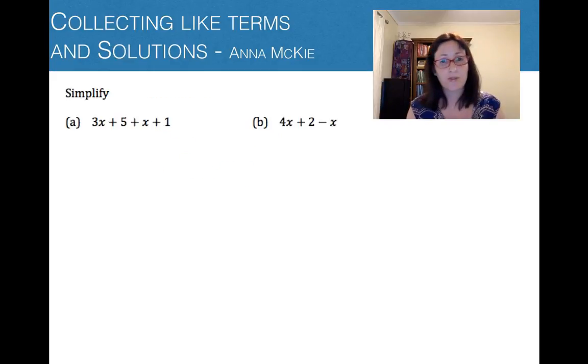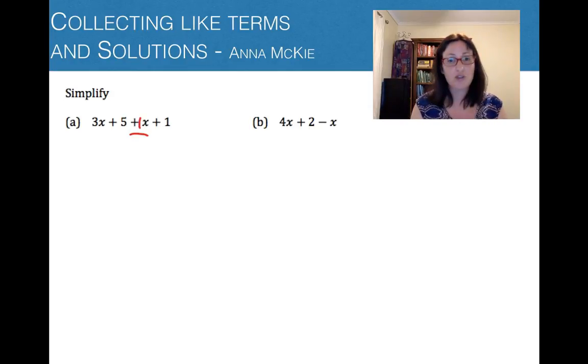Let's go on and do a couple more examples. It's often handy to identify what the like terms are in the first instance. So we've got the 3x here and the plus x there. So 3 lots of x add how many lots of x? It's often handy to see a number in front of that x, and we all know that there is a number there, and it's the number 1.